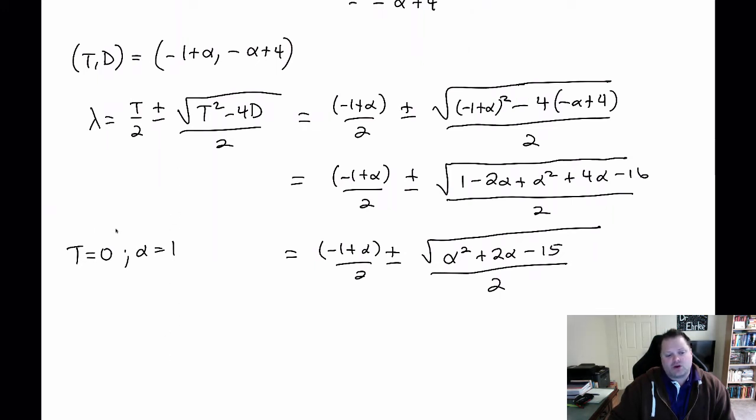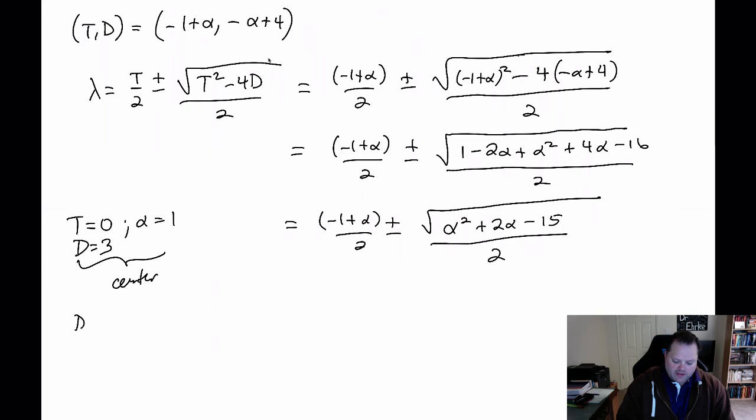This value of alpha will put you on the vertical axis, and if I plug alpha equal to 1 into this, that would give you a determinant of 3. Right? So I know I'm going to have a center behavior there.